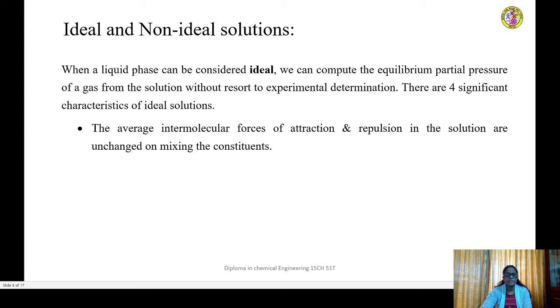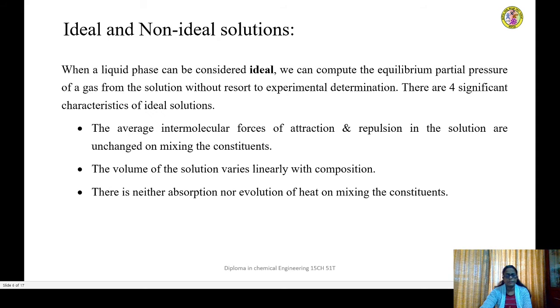So that is the first characteristic of an ideal solution. The second one is the volume of the solution varies linearly with the composition. Means there is a linear relationship between the volume and the composition of the given solution. Then it is said to be an ideal solution.